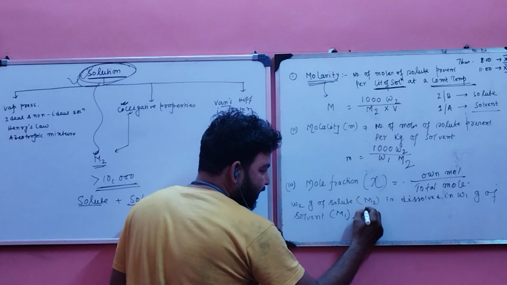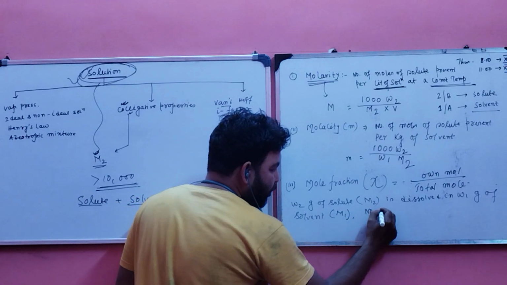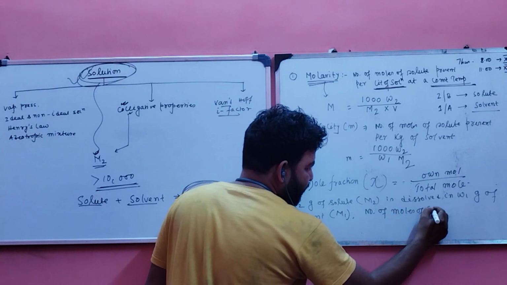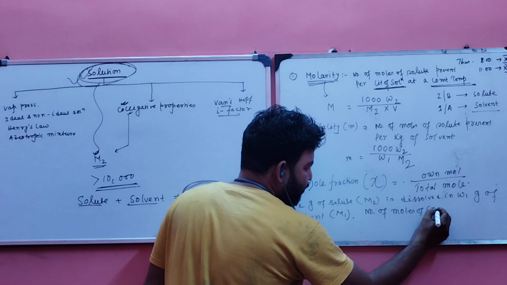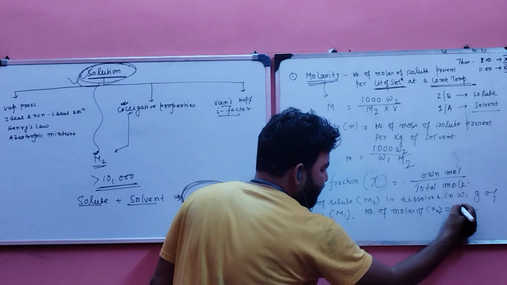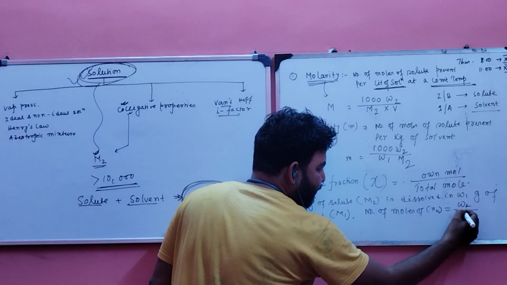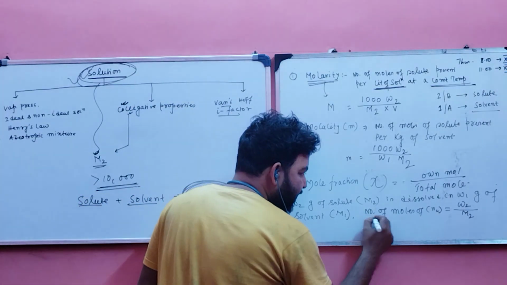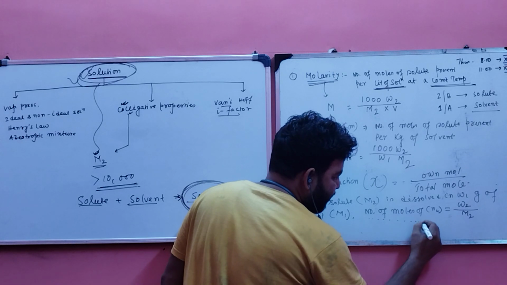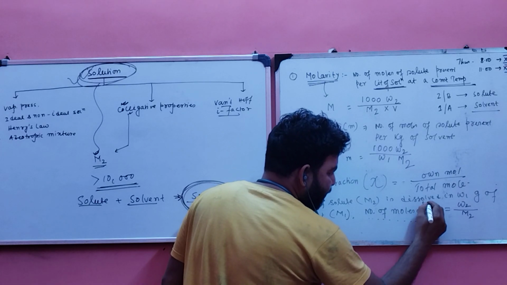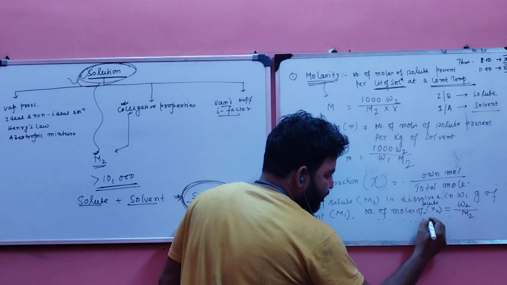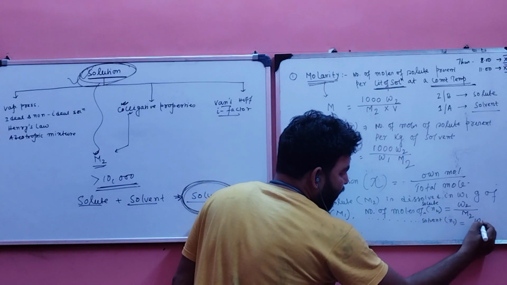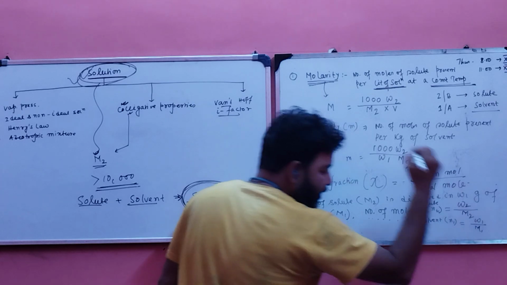So then the number of moles of solute: how can you determine it? Number of moles means given mass by molecular mass, so N2 is W2 by M2. Similarly, the number of moles of solvent, that is N1, is W1 by M1.